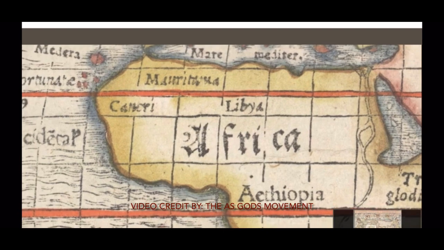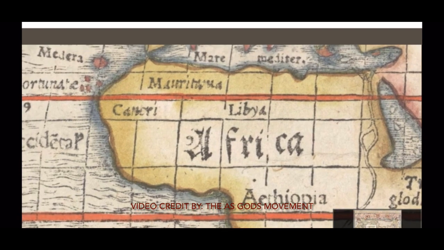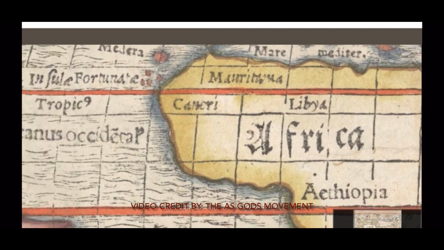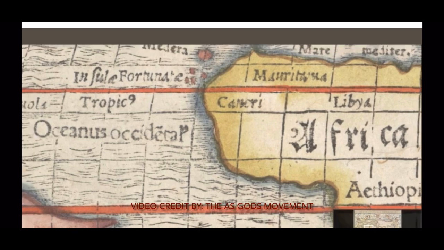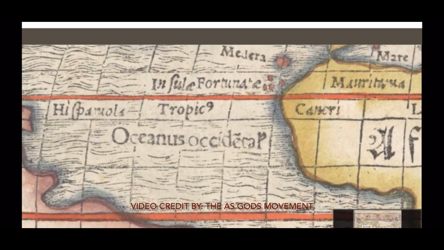I think that's calling it the Ivory Coast or Condinari. I can't really make that one out. But you can see here, they call that Hispaniola. Now you're off of the west coast of Africa over into the Caribbean. You see that?